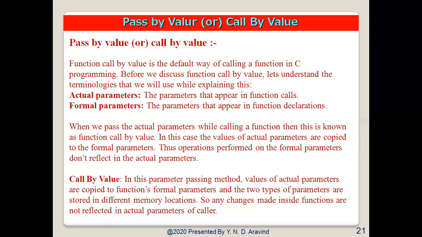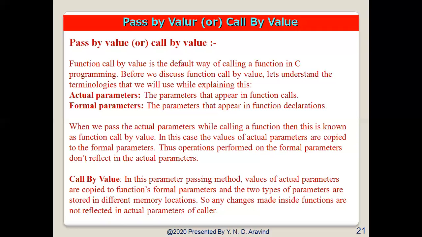Actual parameters are the parameters we write in the function call, and formal parameters are the parameters declared in the called function.